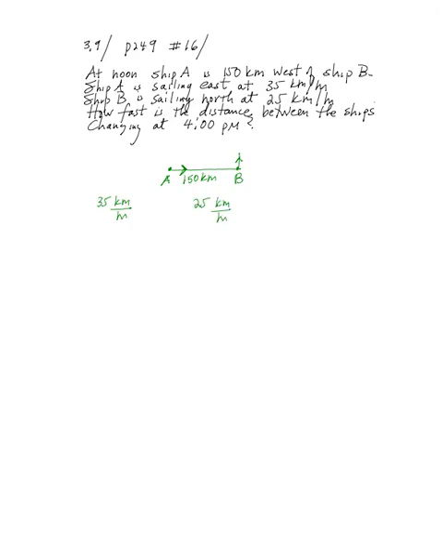So the distance between the ships is changing, and we want to know how fast the distance between the ships is changing at a particular time, at 4 p.m. So we're given a couple of rates, 35 kilometers per hour, 25 kilometers per hour, and we want to find another rate.